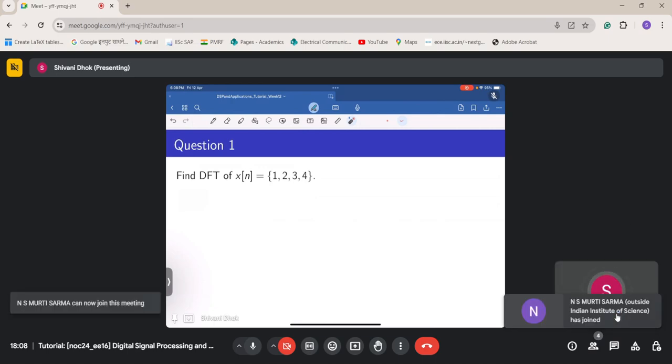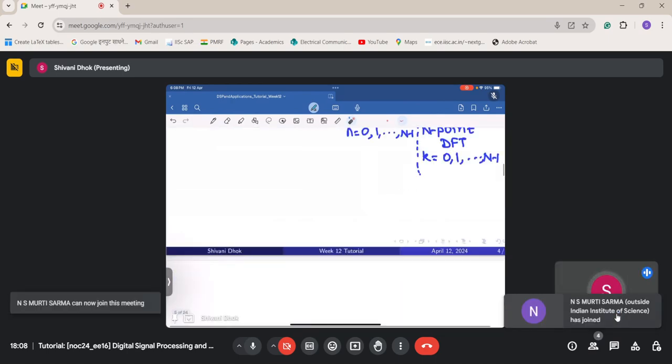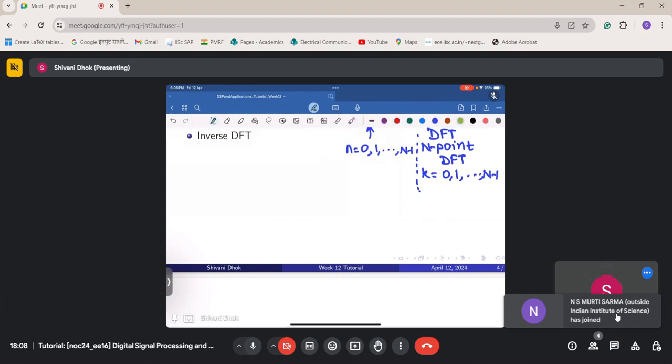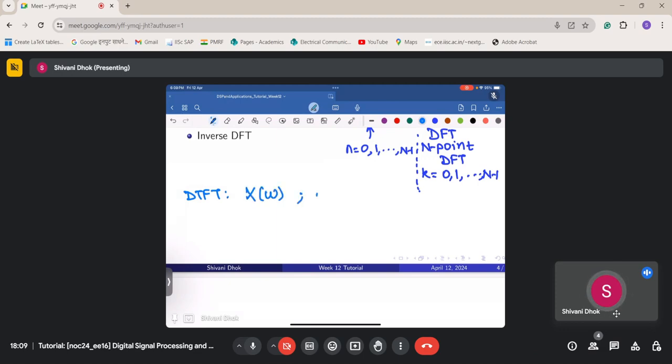Okay, so if you observe carefully, this DTFT is x of omega, and this omega is ranging from minus pi to pi, and this is a continuous variable.